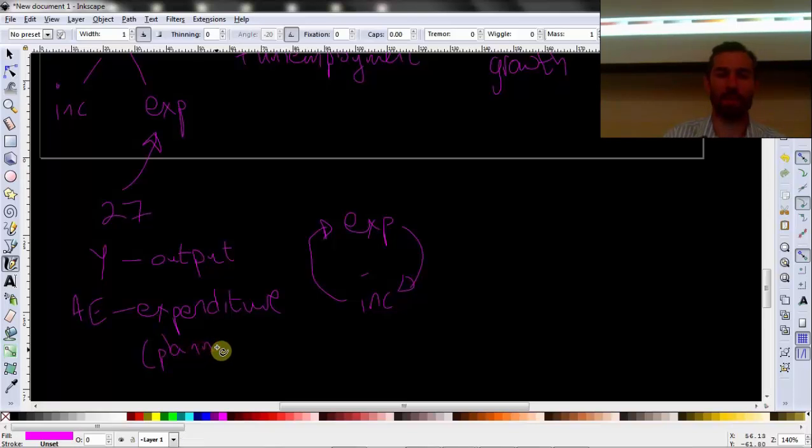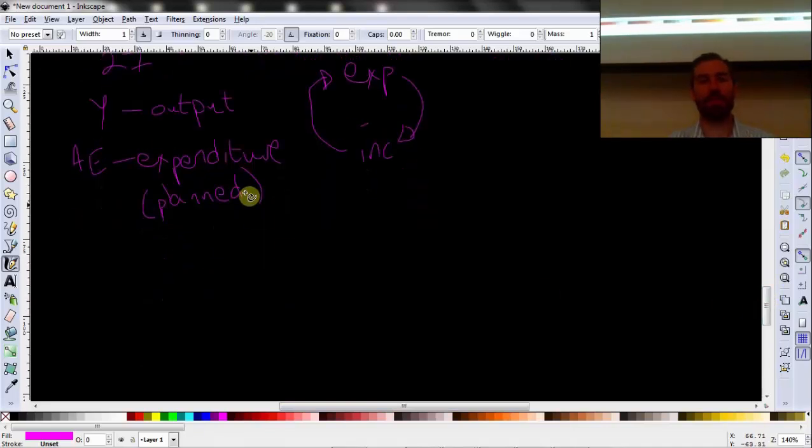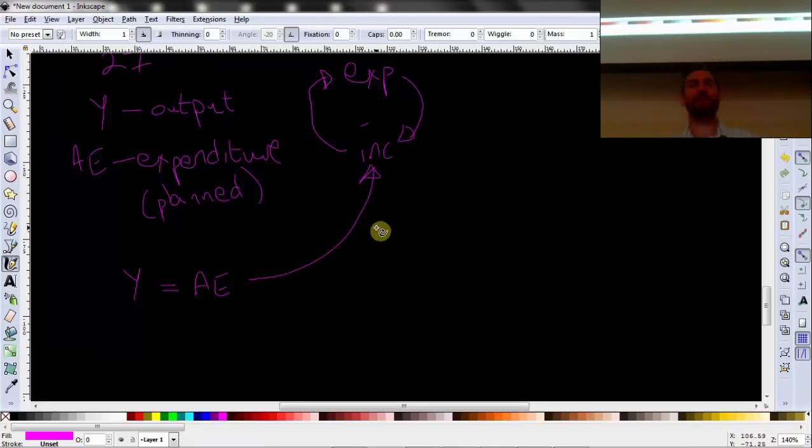So usually when we talk about aggregate expenditure, we're implicitly meaning planned expenditure. If our aggregate expenditure is planned, what we saw in chapter 27 was why we will always have a movement towards a position where output equals aggregate expenditure, which is why we end up with the circular flow system, because expenditure becomes income, income becomes expenditure, and the two of them tend to be equal. So that's what we've seen in chapter 27.